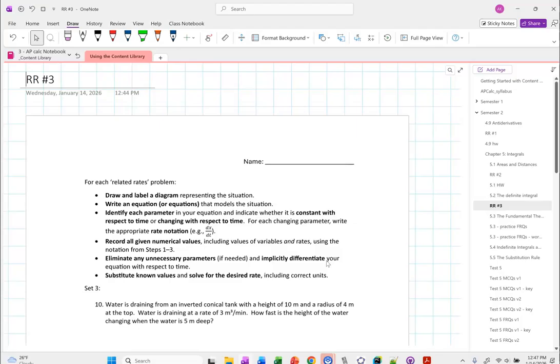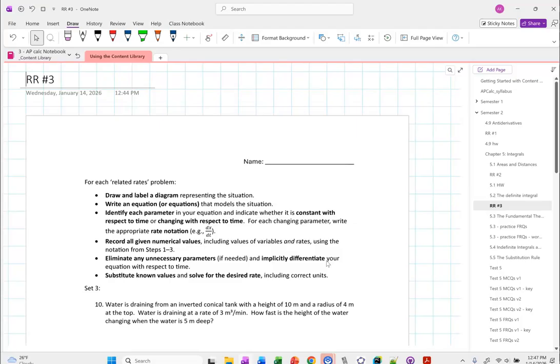And 11 is 20 over 3 meters per second. And then number 12 is 2.25 meters per second.